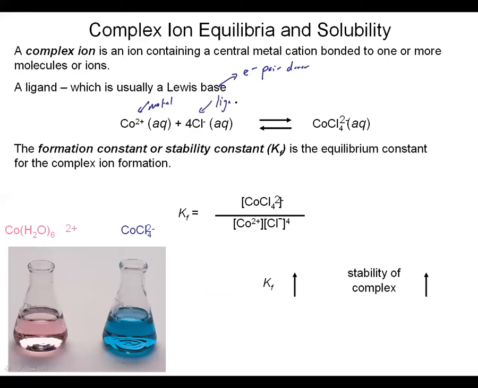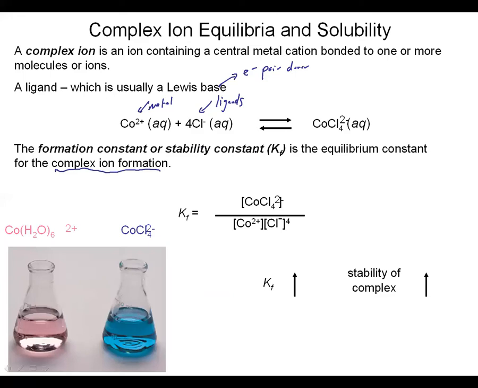They come together, and the metal is attached to all 4 of those, and we get an overall -2 charge. We can write a K expression for this, which we'll add to our ever-growing list of Ks. This is Kf, known as the formation constant, the equilibrium constant for complex ion formation.